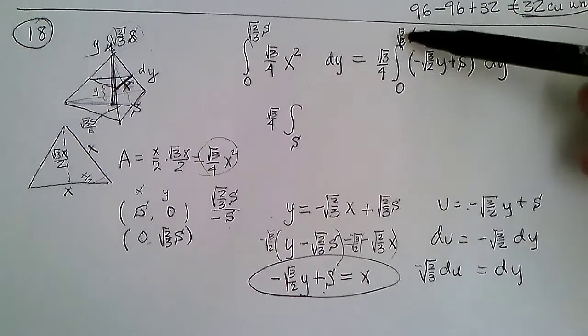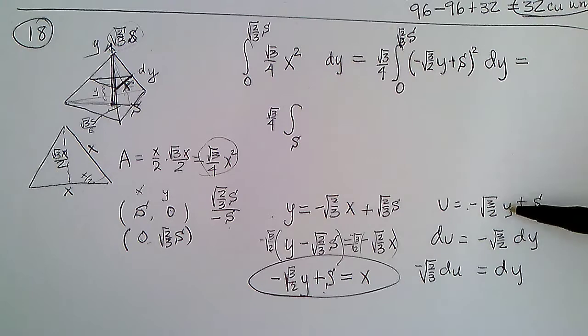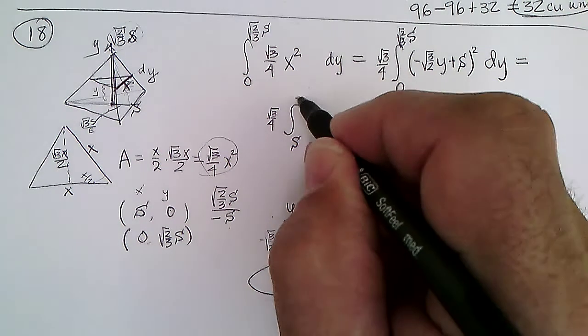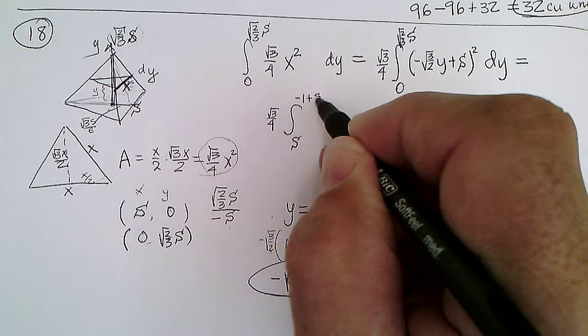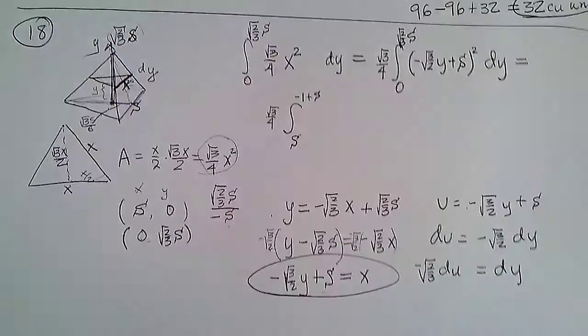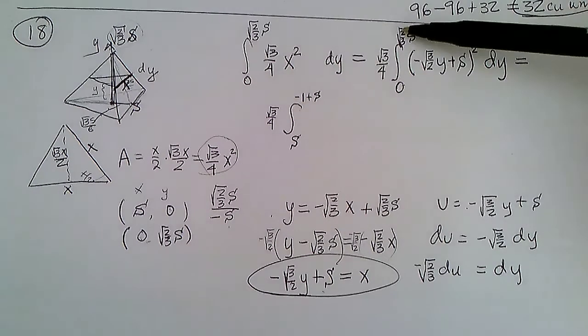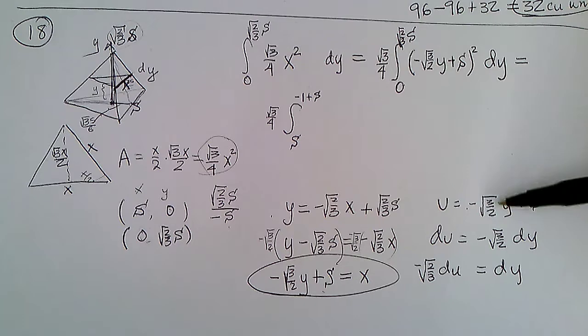And if I put square root of 2 over 3 in here times square root of 3 over 2, that's just negative 1 plus s. Square root of 2 over 3 times negative square root of 3 over 2 is just 1 times negative is negative 1 plus s.